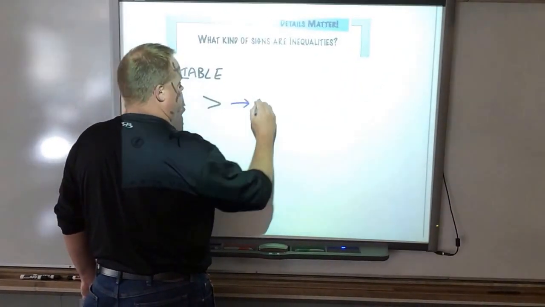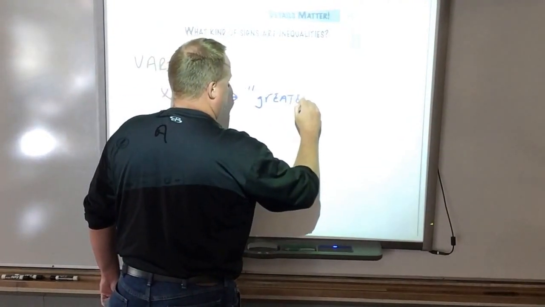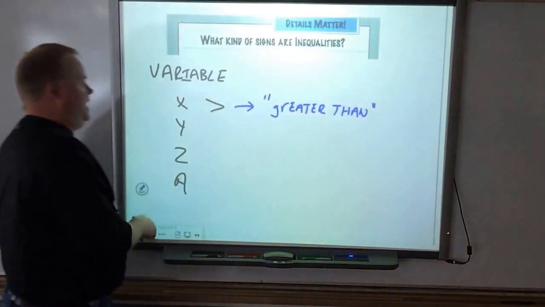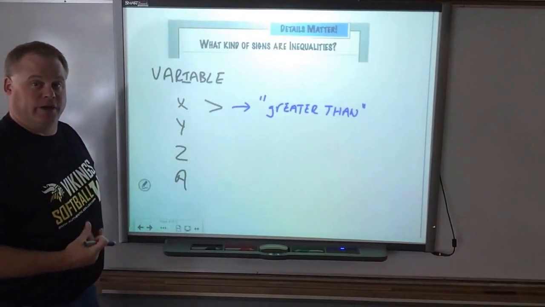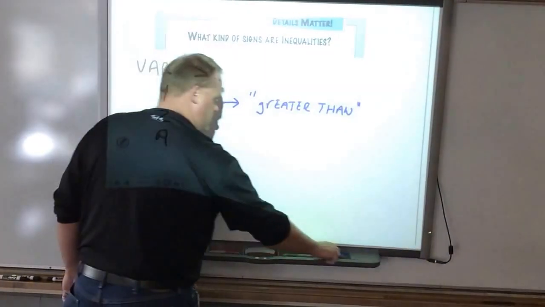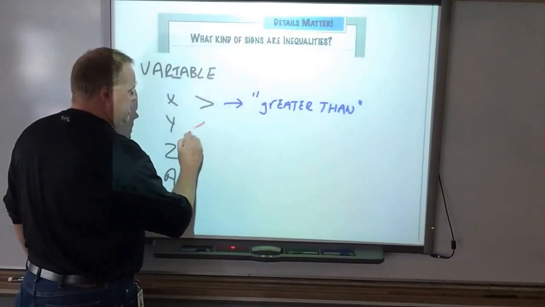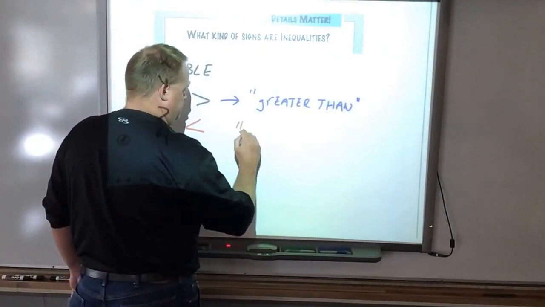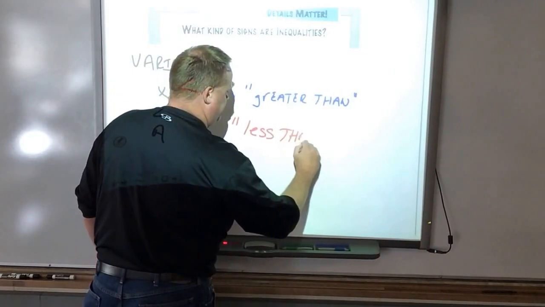Well, that means greater than. And it is read, X is greater than whatever is over there. So that is stated as greater than. The next one, Y. Well, the other sign is, you guessed it, less than. So this means less than.